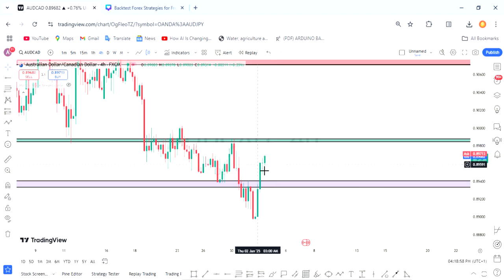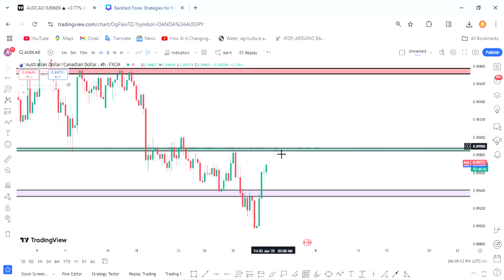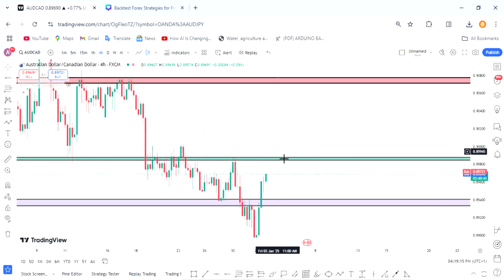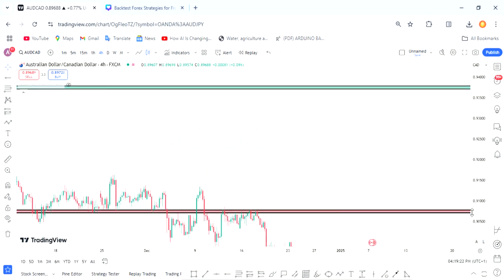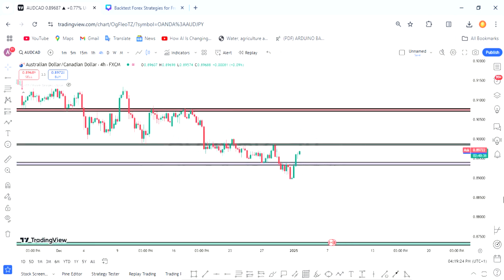So if the market gets here and it gives me a reversal sign, I'm taking another sell to the downside. And if it breaks and closes above, then I'm taking a buy from here to this level first. And if this level gets broken, I'll start buying to the overall level, right?